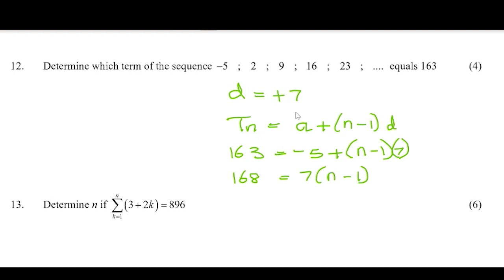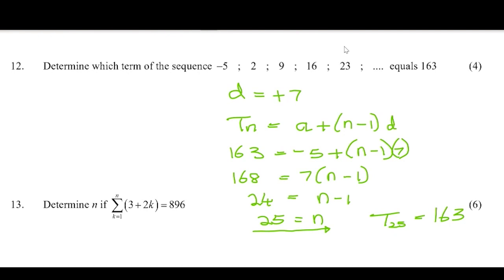When we divide both sides by 7, we get n minus 1 is 24. So in fact, n is 25. Right, so the 25th term, right? Remember, we could write that like this. T25 equals 163. Okay, and then I think it's the very last question indeed.